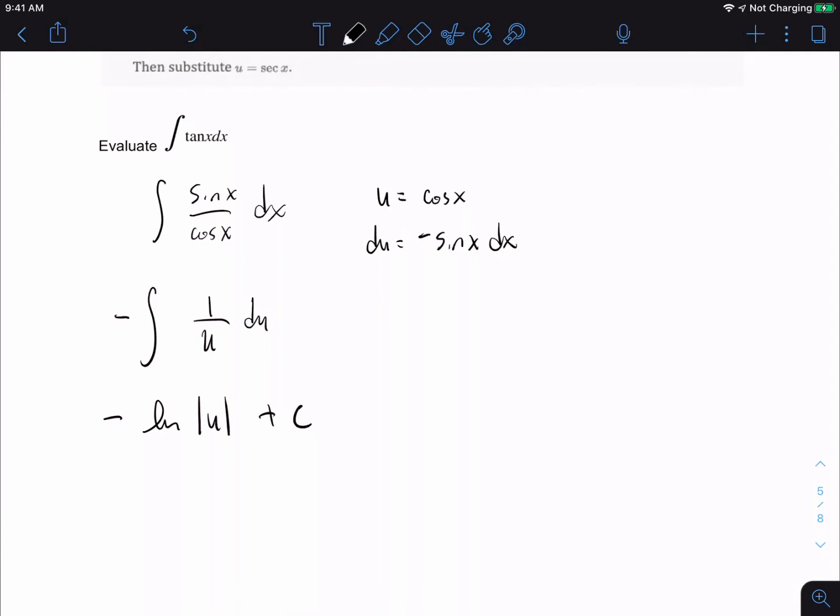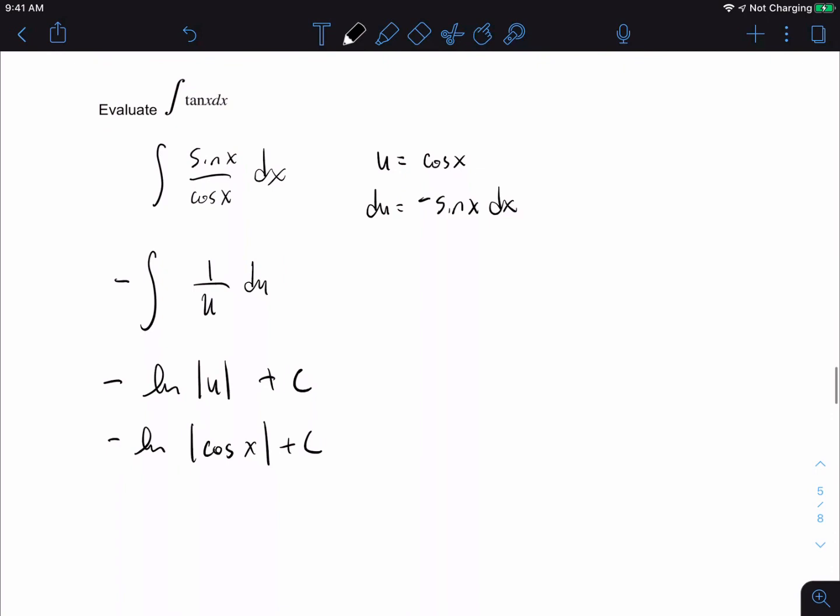Now we're going to substitute in. And then we have to remember some logarithmic rules. When there's a coefficient in front of a log, that is an exponent of the term inside of the log, correct? So what ends up happening here is I get ln of cosine of x to the negative 1 plus c.